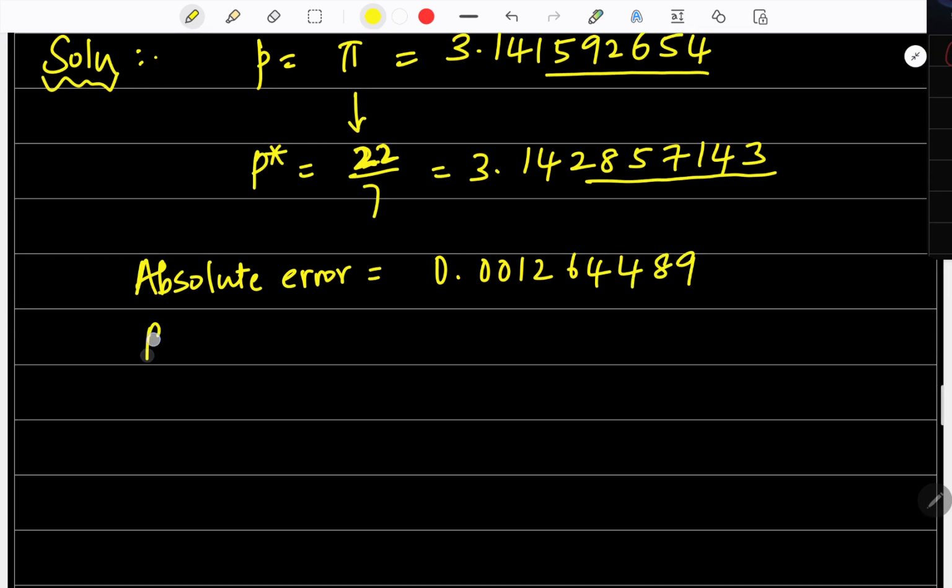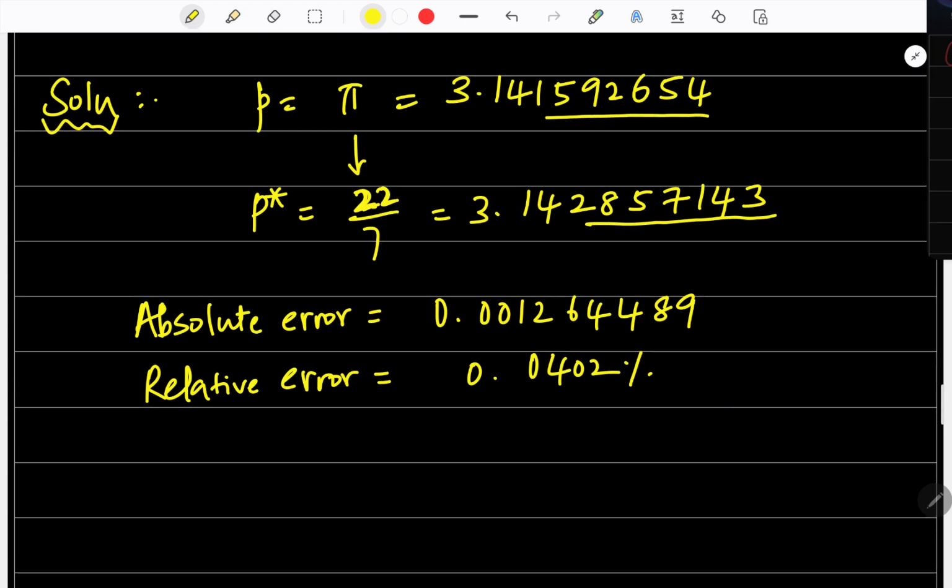Error. So relative error also, you put it in the calculator, divide by pi and then multiply by 100, which will give you 0.0402 percentage. Let me check again because I'm not typing properly.